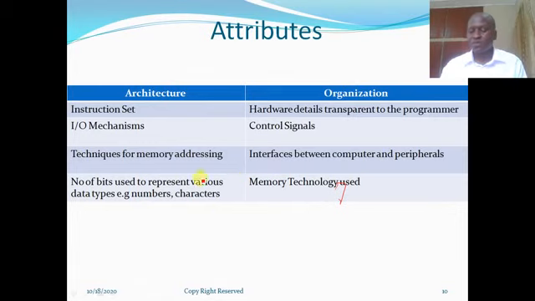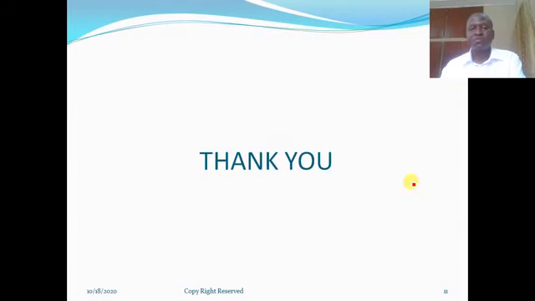It also deals with the various control signals that dictate how all the various units of the computer system, the microprocessor, the memory, the I/O devices, interact with each other in unison in order to synchronize how information or data processing takes place in the computer system. Organization also deals with the interfaces between computers and peripherals. And computer organization is also concerned with the memory technology that is used in a computer system.